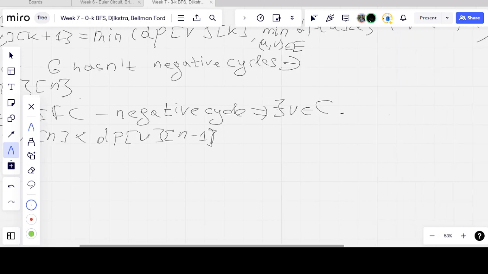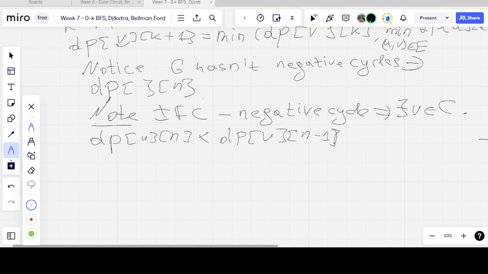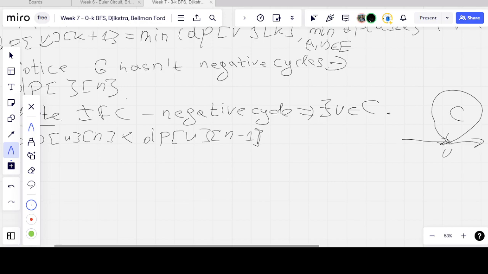Okay, nobody. So we consider some negative cycle C. If we have a negative cycle, we can do an infinite loop in this cycle, and we get the path less and less.